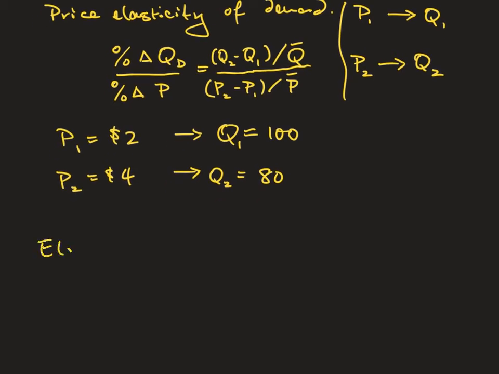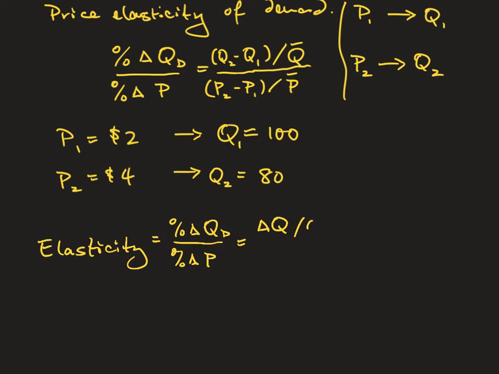So the elasticity, remember, is the percent change in quantity demanded over the percent change in price. A percent change in something is the change in that something divided by, in this case, the average. So change in quantity divided by average quantity, and change in price divided by average price.